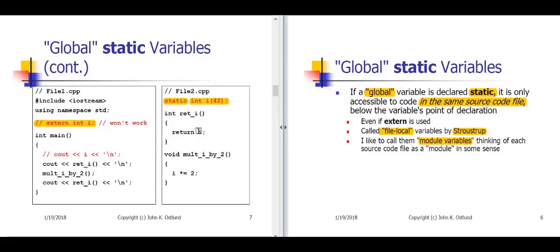All right, so return I has access to I. Mult I by 2 has access to I within file2.cpp, but any code in any other files cannot gain access to this file local variable or module variable called I. All right, so those are the two uses of static that we have discussed before.